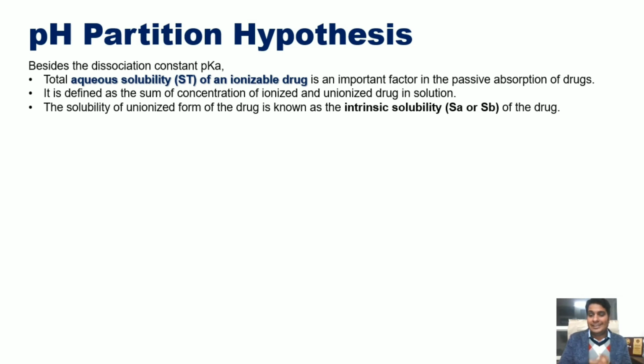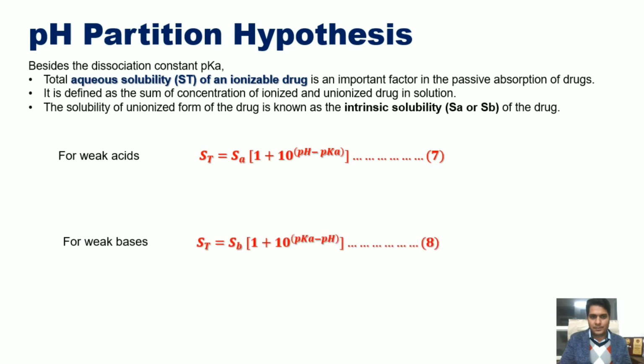So as far as the intrinsic solubility is concerned, it is related to the solubility of the unionized form of the drug. But the total aqueous solubility is the solubility of the ionized form as well as the unionized form of the drug in the solution. So for a weak acid, ST, that means the total aqueous solubility of the drug, will be equal to the intrinsic solubility of the acid, SA, times bracket 1 plus 10 to the power pH minus pK.